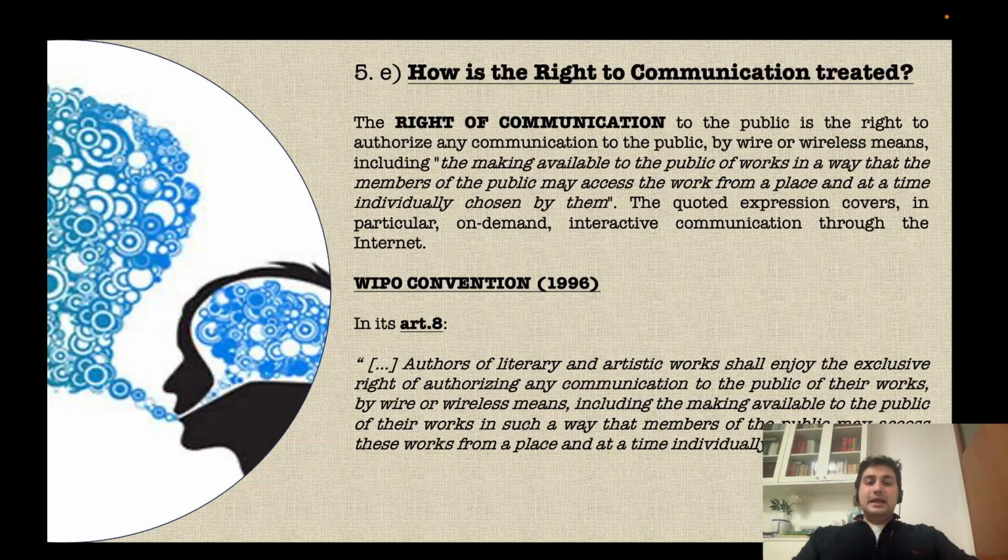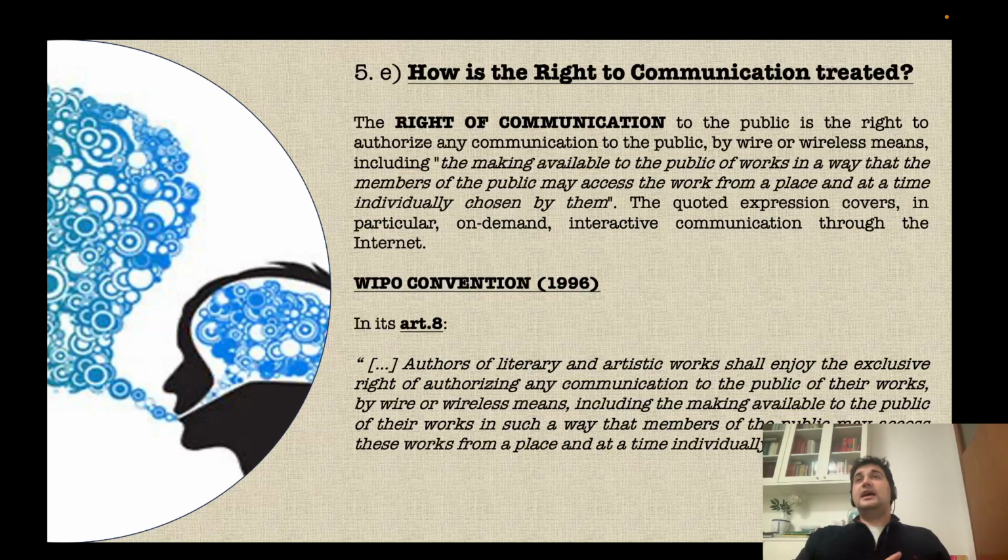Okay, so for now, try to remember a mental scheme of this. We have 2 rights from WIPO, 2 rights from the Berne Convention. From the Berne Convention, the most ancient, 1886, we have the reproduction right, and we have performance rights.